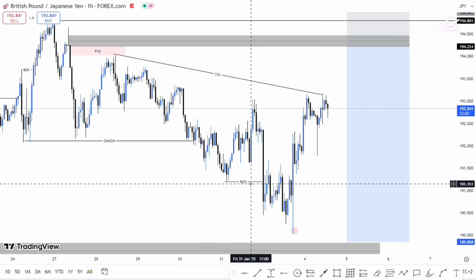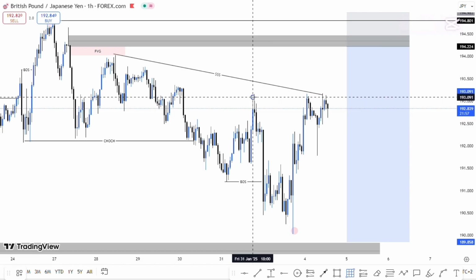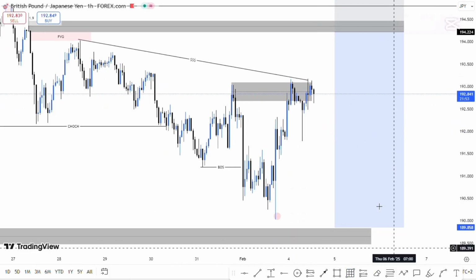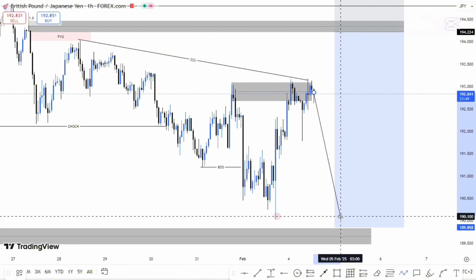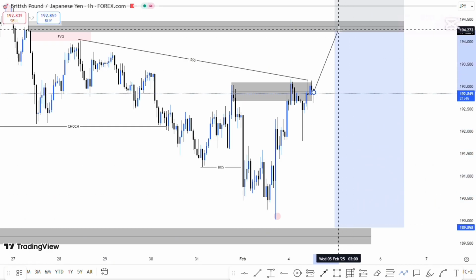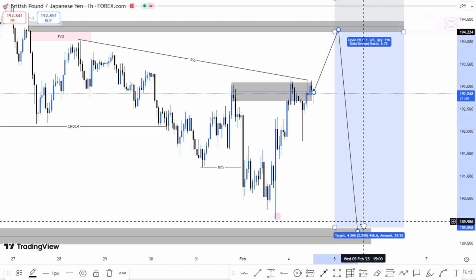If you notice, this break of structure we had was the recent one, whose origin is right here. So it's possible that GBPJPY can drop to the lower side, but if that does not happen, price will first step into this origin, and then you can get a slash to the downside.